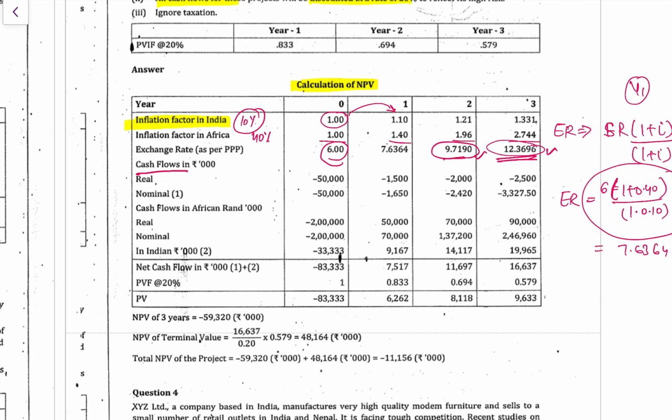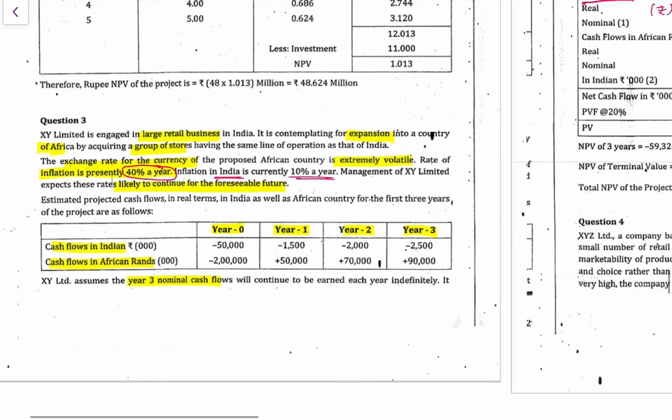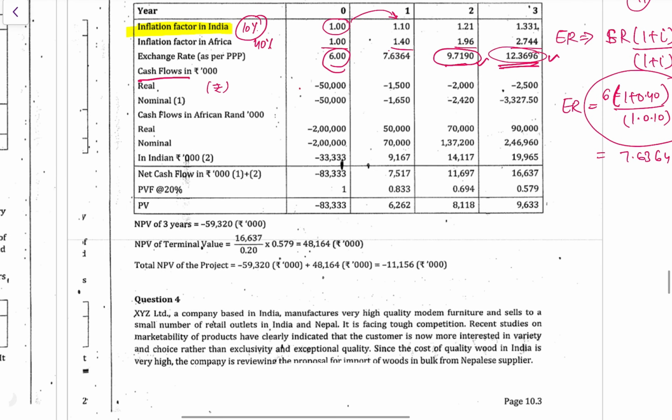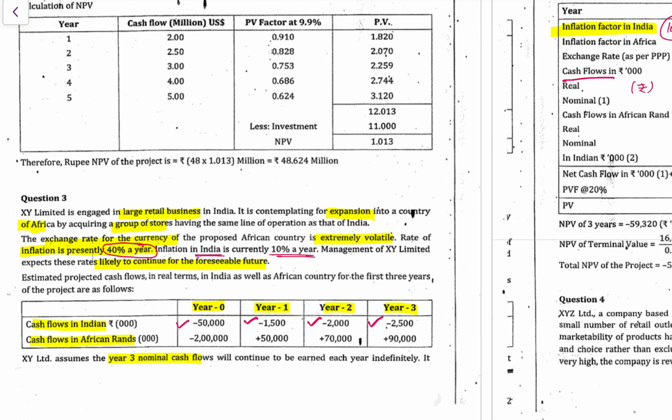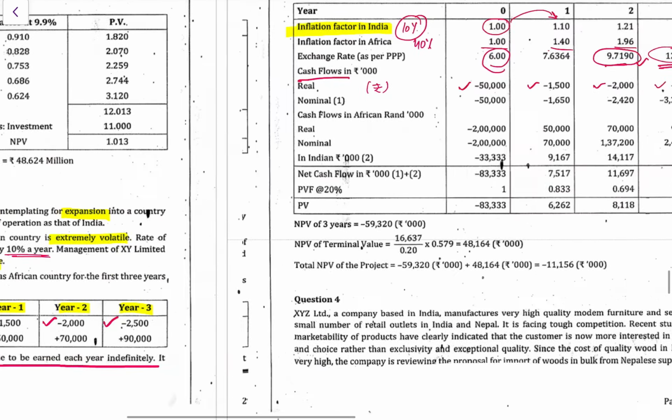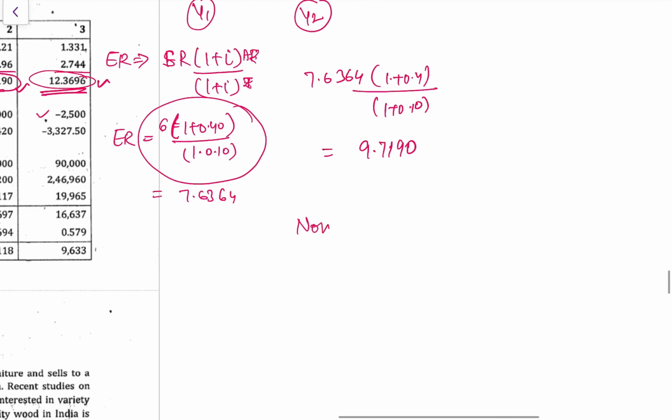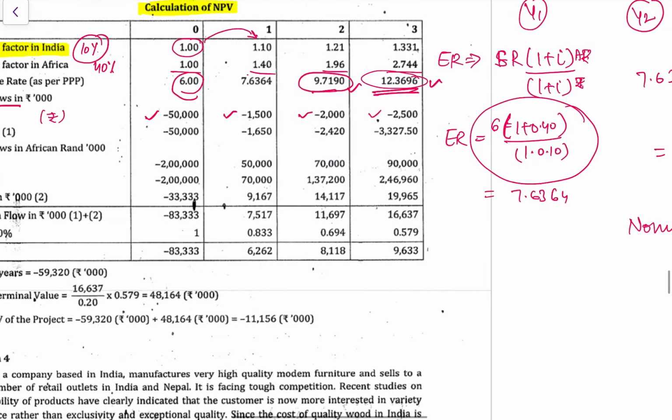Now cash flows. I have been given my real cash flows in rupees. The Indian cash flow given here is minus 50, 1500, 2000 and 2500. In this particular question we are told to assume that the 3-year nominal cash flow will continue to be earned each year, so we have to calculate the nominal cash flow. How do we calculate the nominal cash flow? Nominal cash flow is equal to real cash flow into (1 plus inflation).